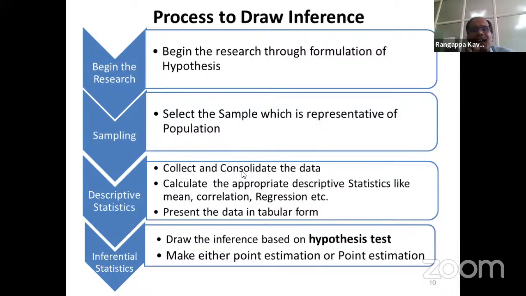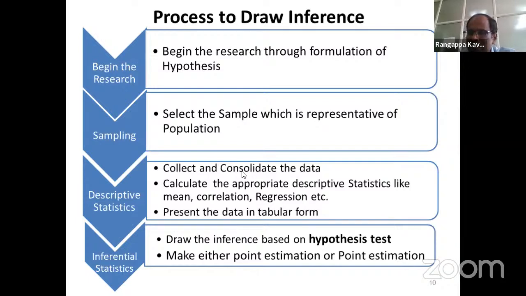And after consolidating the data in the master data sheet, you are going to calculate the appropriate descriptive statistics like mean, correlation, regression, whatever you want. In fact, you might have seen, for example, just a few minutes ago, I took data on the cotton yield of the farmers who have adopted IPM technology and the farmers who have not adopted the IPM technology.